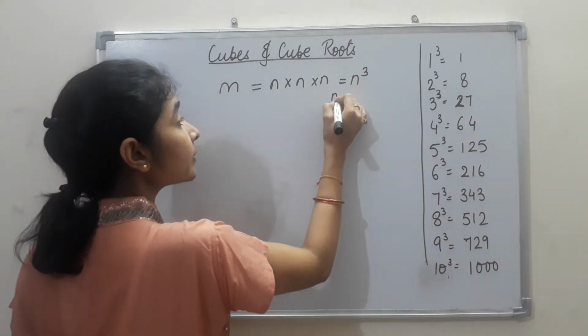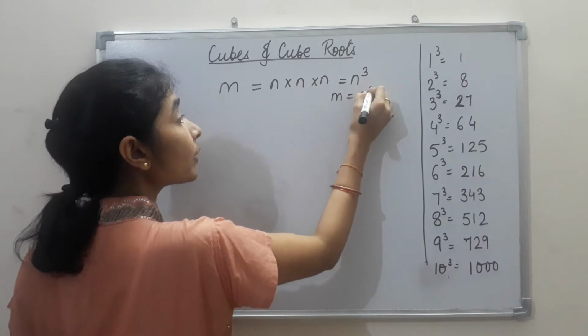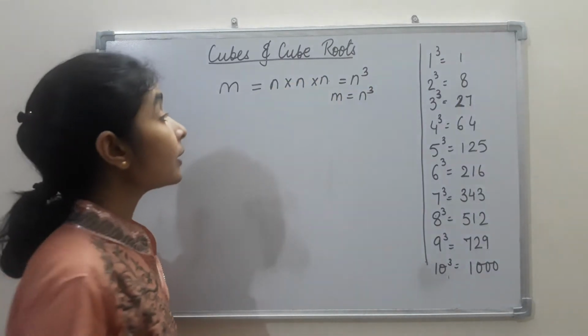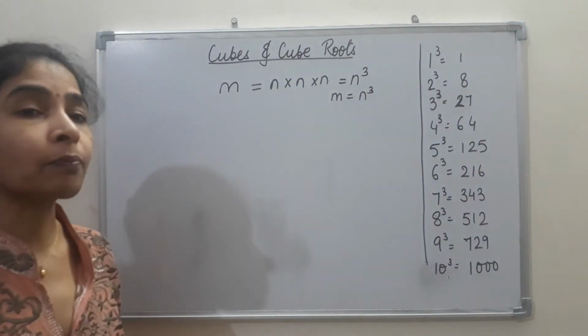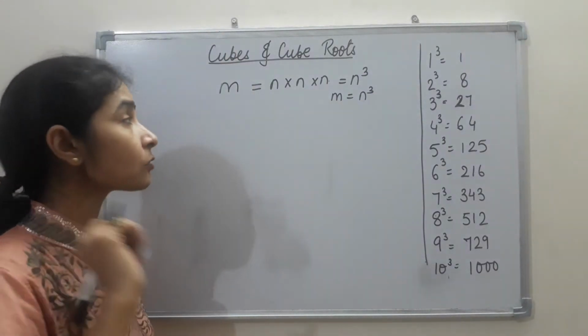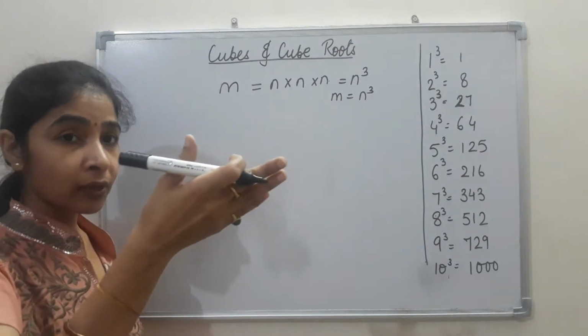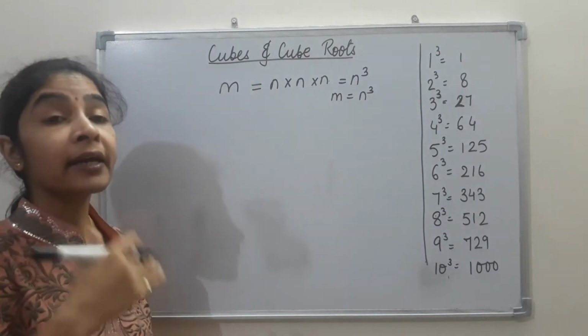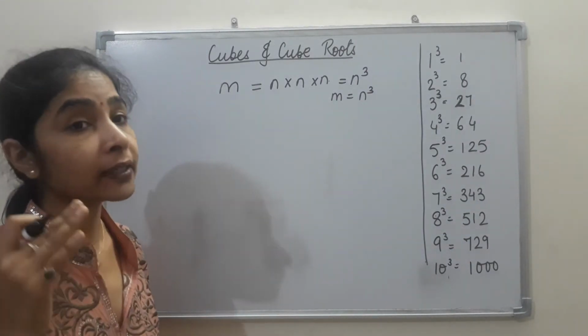We can also write this as m is equal to n cube. Now the same thing we can write in the opposite manner also, as we did in the case of squares and square roots: n square is equal to m, so we can also say that the square root of m is equal to n.